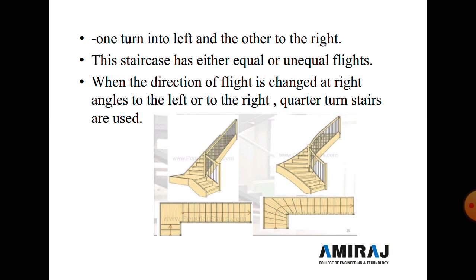Here two figures are also provided: quarter turn stair with landing and without landing. In the one with landing, a landing is provided at the corner, and in the continuous quarter turn stair, continuous steps are provided at the corner side.